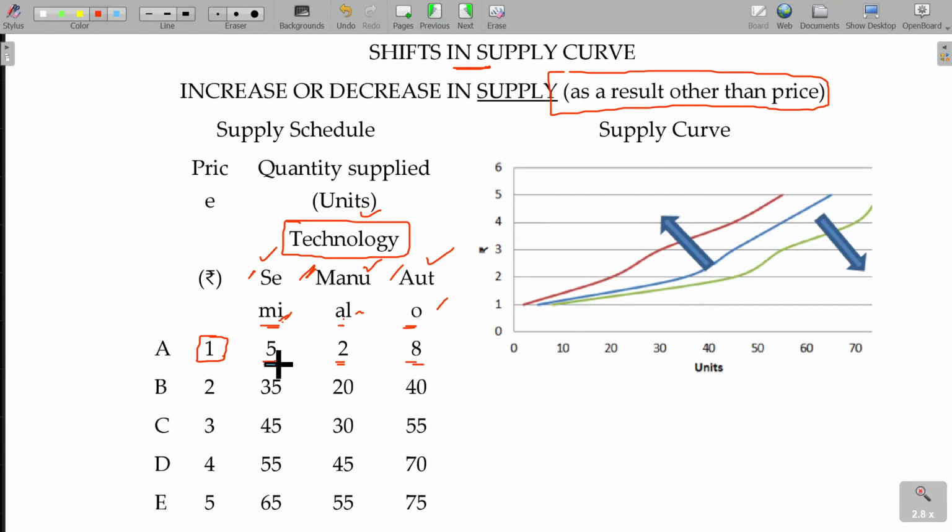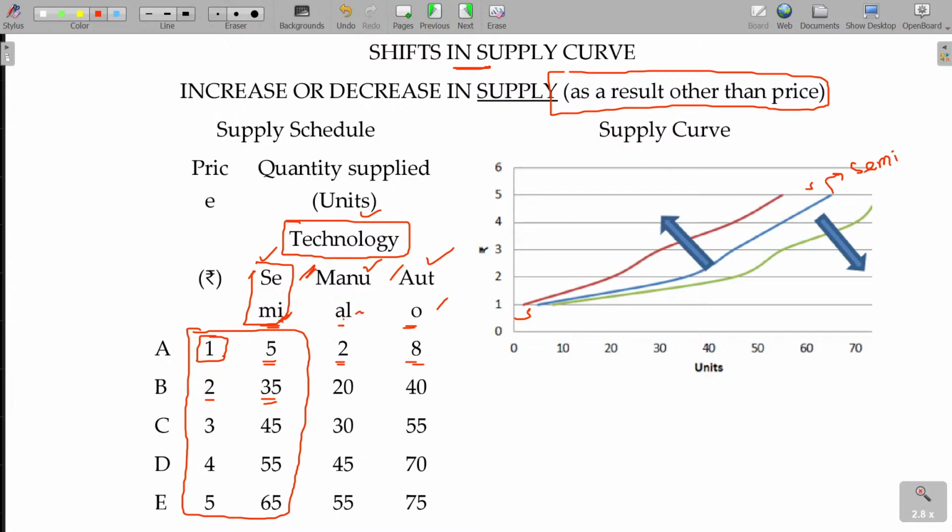And when the price increases to 2, if I am supplying through the semi-automated machine, it is 35. If you compare the quantity supplied for various prices using the semi-automated machine and plot that diagram, that will be the blue curve, called the semi-automated SS curve.